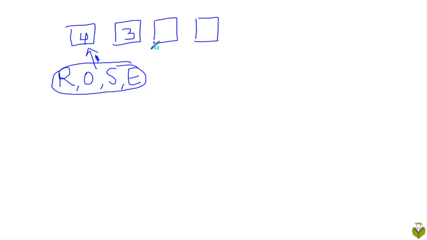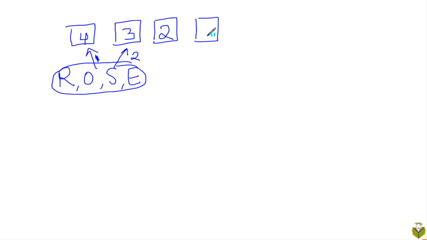What about the third box? For the third box, you follow a similar principle. 2 out of these 4 letters have been used after the second box. So how many are remaining? You have 4 minus 2, so you have 2 left.